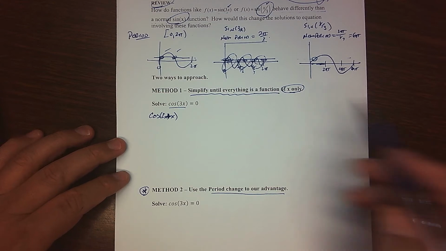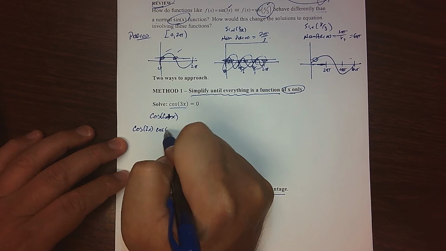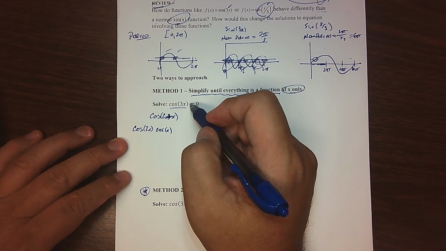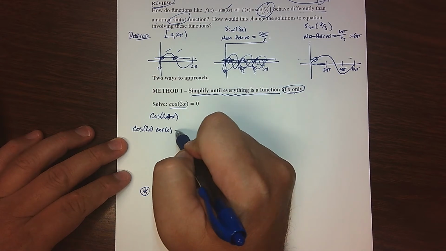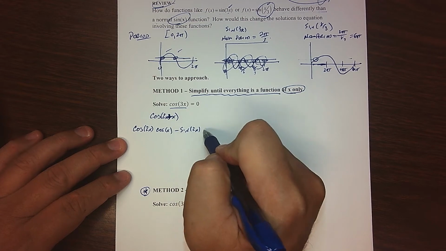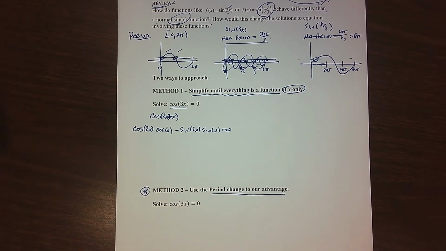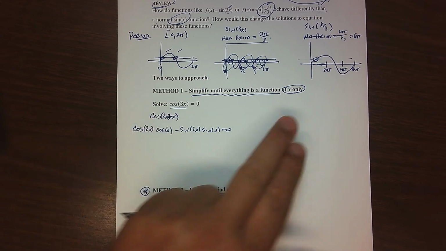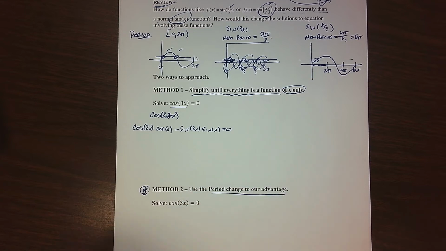And of course this became the cosine of 2x times the cosine of x, and then since we are subtracting for cosine, that turns into minus sine of 2x times sine of x equals 0. So you can already see that we've made things a little difficult, but remember our goal is to change things in terms of x. So what do we use next?